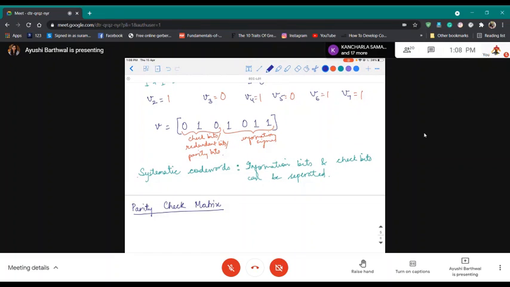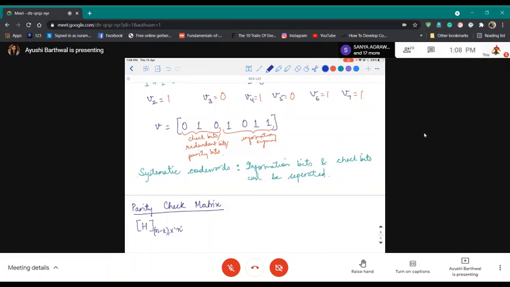And the parity check matrix is denoted by H, and the number of rows in this matrix is equal to the number of redundant bits, and the number of columns is equal to the length of the code word.